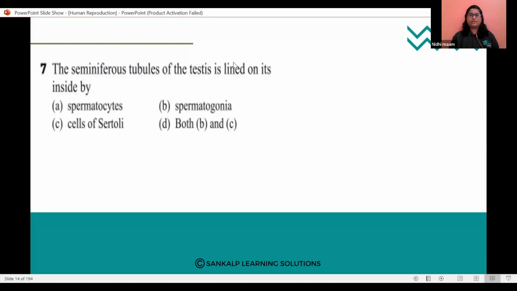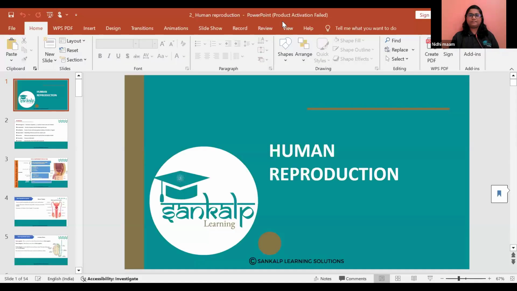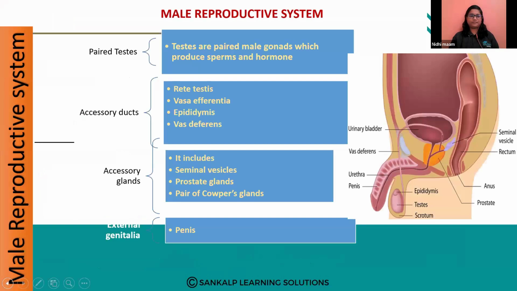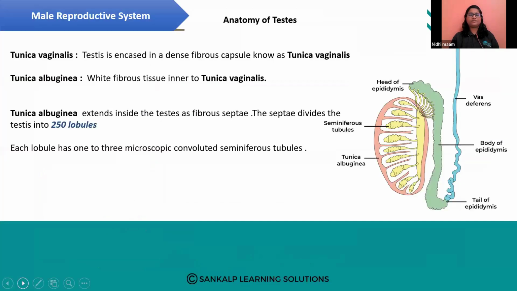Okay, are you able to see the PPT? See here. When you see the cross section of the testis, here you can see testicular lobules and seminiferous tubules, right?